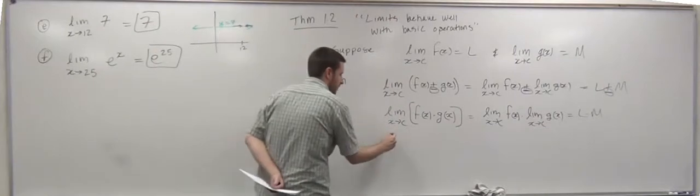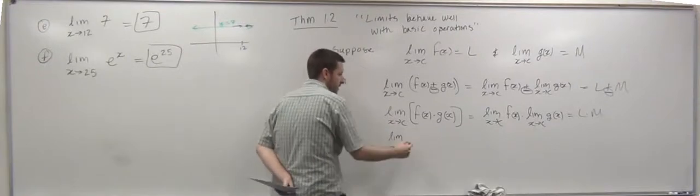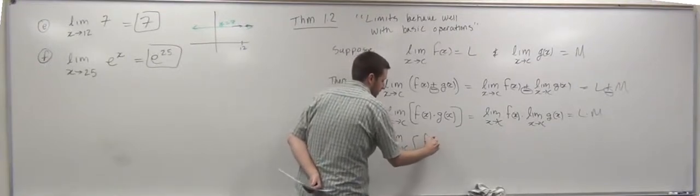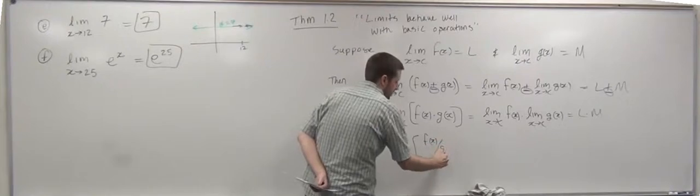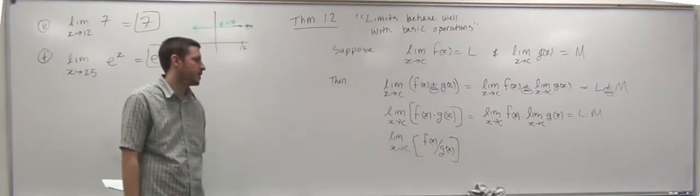And division. The one thing you have to be careful on division, what do you always have to be careful of on division? Bottom 0. Having the denominator equal 0.